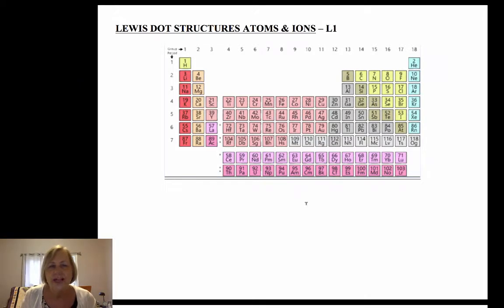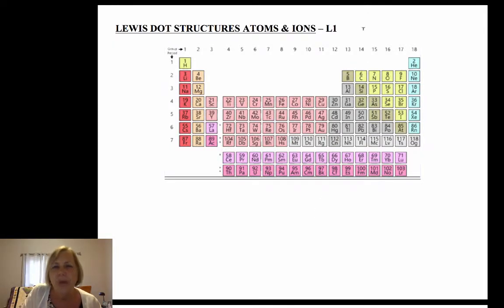Hi and welcome. In this video segment, I want to talk about another model for understanding the structure and function of atoms. I'm going to focus on atoms and how they form anions and cations. Now, this leads us into bonding.